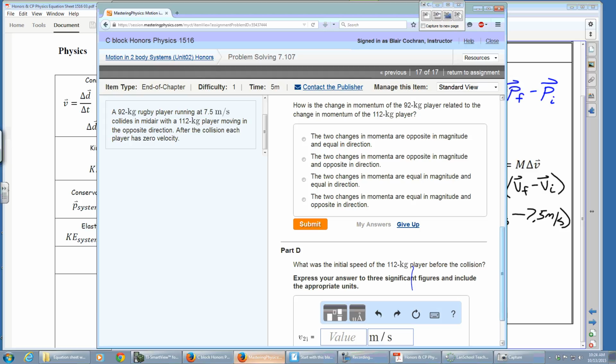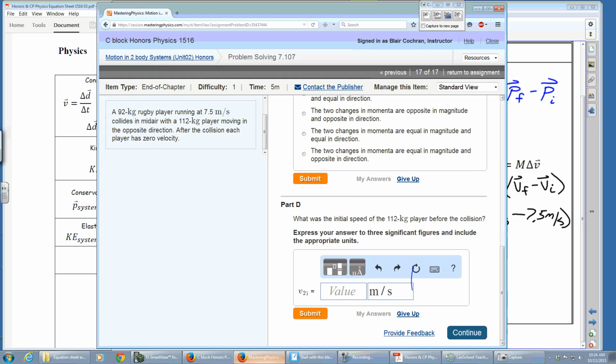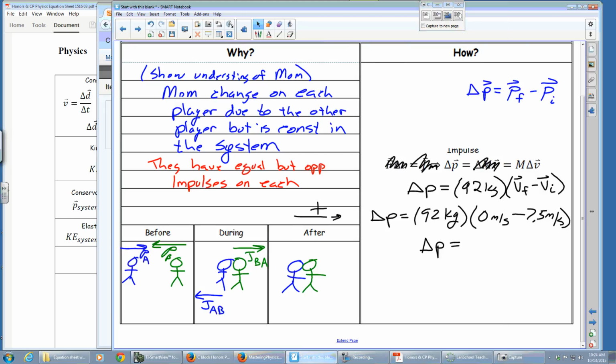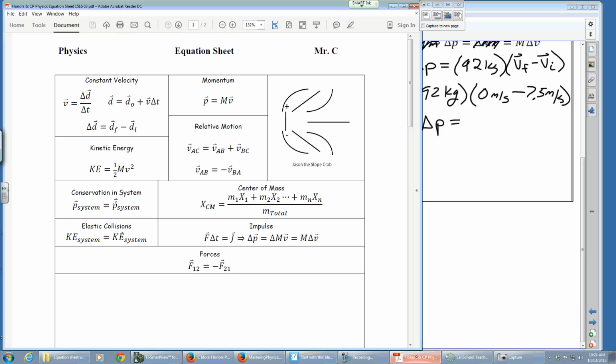And then, we already answered that in our Y. What was the initial speed of them before the collision? This is where we're going to use the fact that the momentum stays constant in our system. We grab our equation sheet and we grab our conservation in a system.